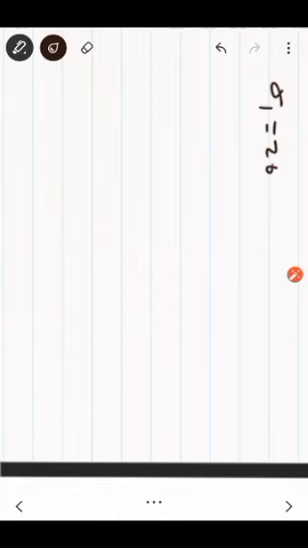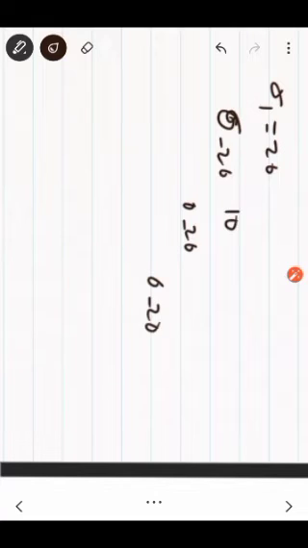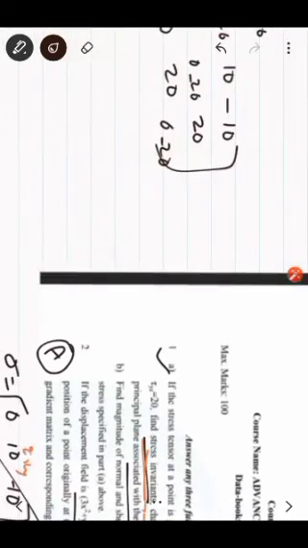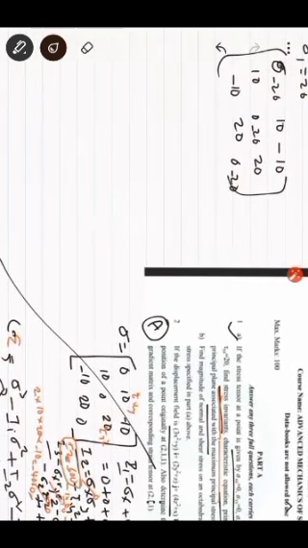Sigma x is 0, 0 minus 20, 0 minus 20, 0 minus 20, and here you have 10, 10, here you have minus 10, here you have 20, 20, here you have minus 10. See here, I have written only this one: minus 10, 10, 20, 20. Instead of 0, we subtract it with the maximum stress.